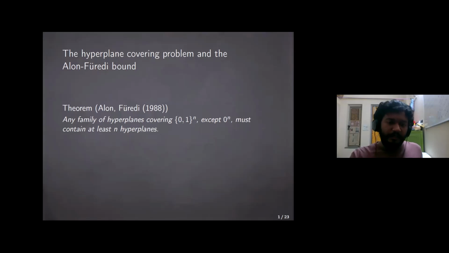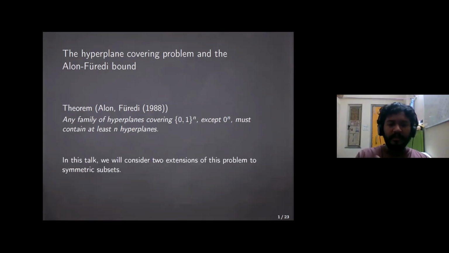And Alon and Füredi proved that any family of hyperplanes that covers the hypercube except one point, there's nothing special about the all zeros point, so except one point, must contain at least n hyperplanes. Let me just clarify this notation. 0^n means the zero vector of length n, just an abbreviation. So any family of hyperplanes that covers a hypercube except one point must contain at least n hyperplanes.